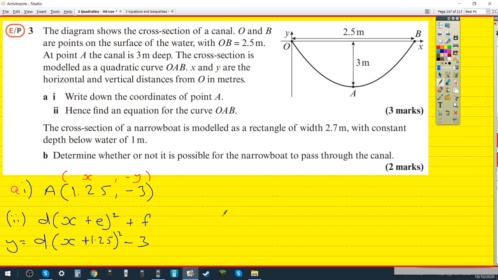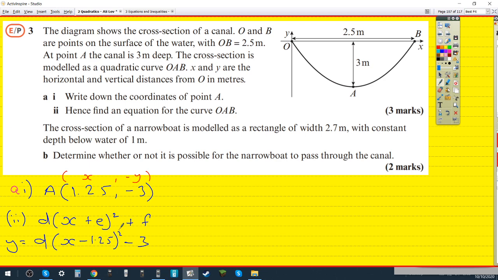How would you do that? Easiest way would be to sub in a coordinate. So just sub in 1.25 and then comma -3. Would that be a coordinate? Actually, hang on. This should be, I believe, -1.25. It's always the other way around.